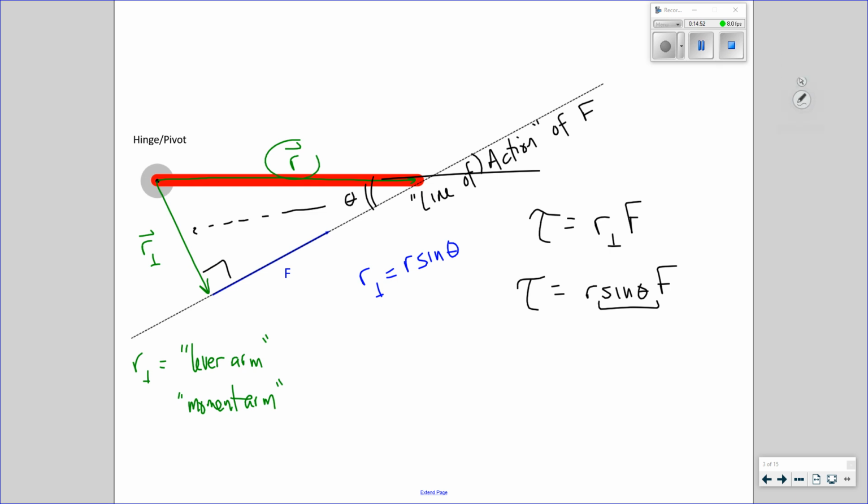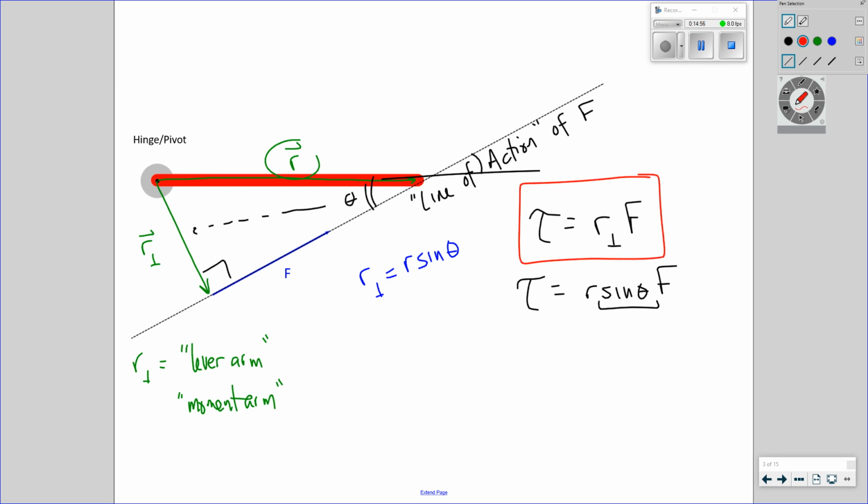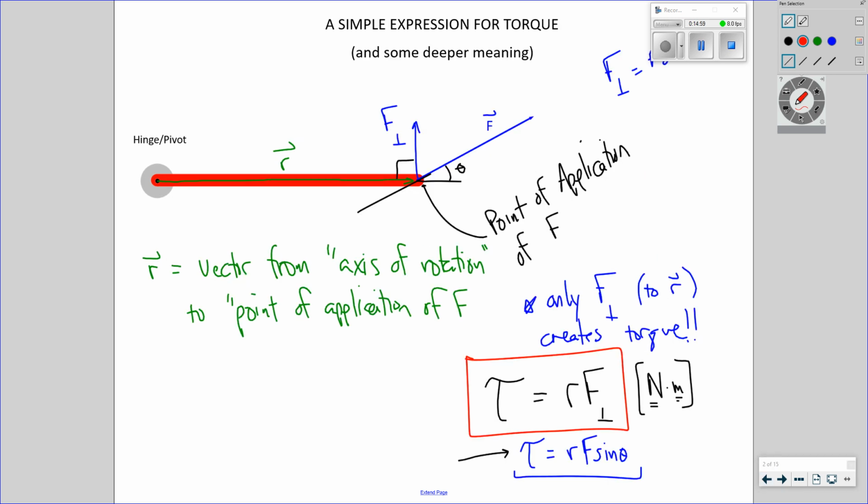Again, I really prefer to think about it in one of these two ways. I'm looking for r perp times the whole force, or I'm looking for the whole r times F perp. But they give you the same answer. They give you the same result. All right. There are also cases in which it makes, in my opinion, more sense to use one approach or the other, and I'll walk you through a couple of those.